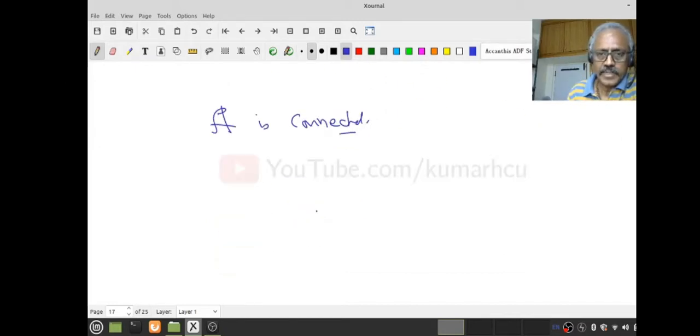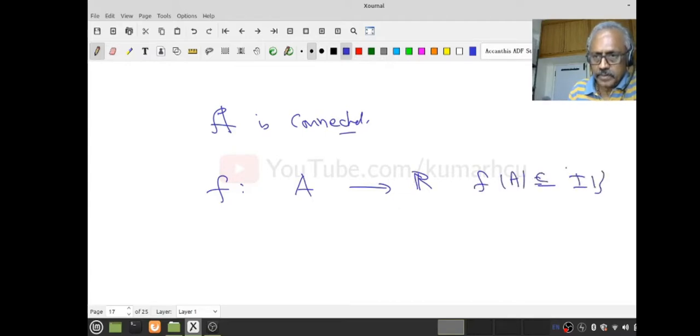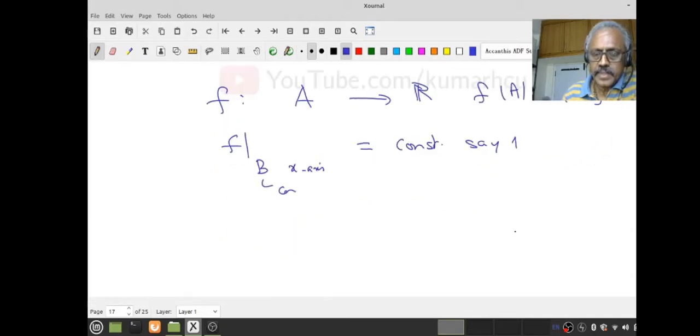So how will I prove that? Again the same thing. Let f be a map from A to R, with f of A contained in plus or minus 1. Now restrict f to B, that is the x-axis. Since this is connected, f is a constant, say 1. Then I want to say f is 1 on all of A. This is the claim.